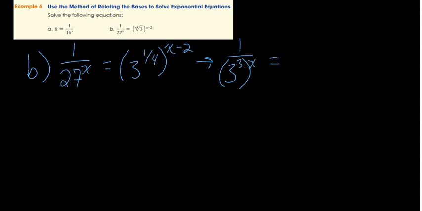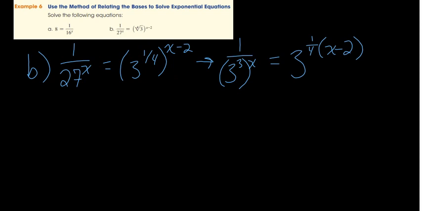Let's do our power rule here. If we are taking a power and raising it to a power, we're essentially just multiplying. So we're going to have 3 to the 1/4 times x minus 2.